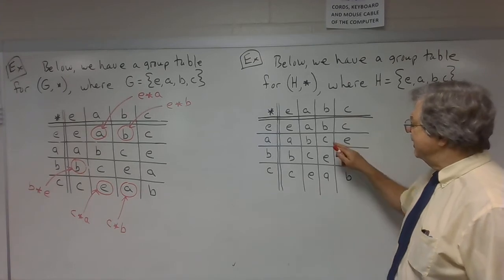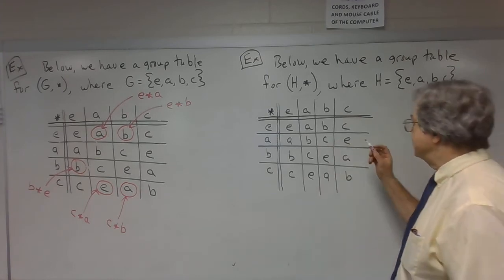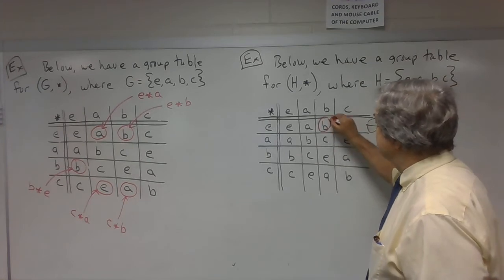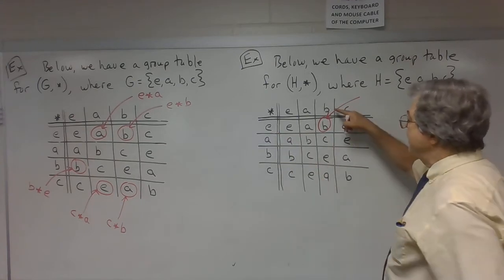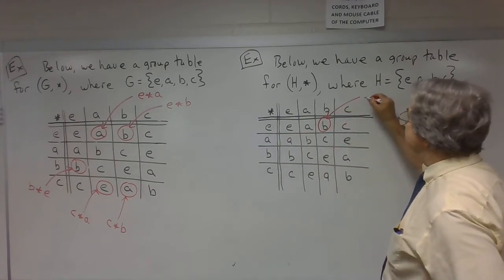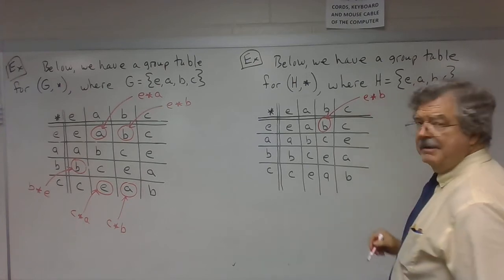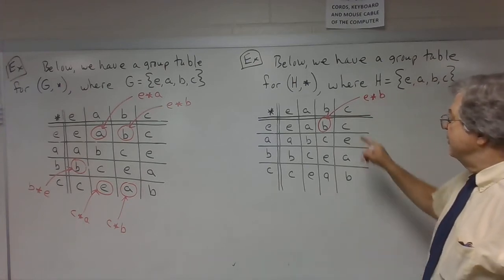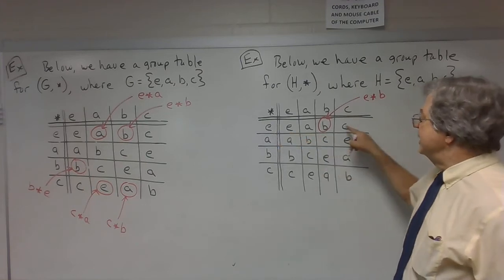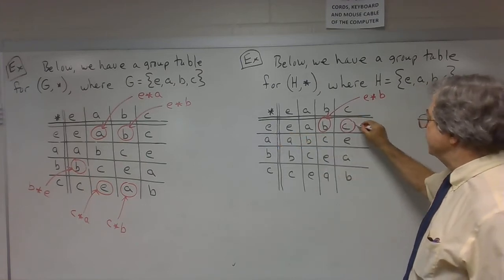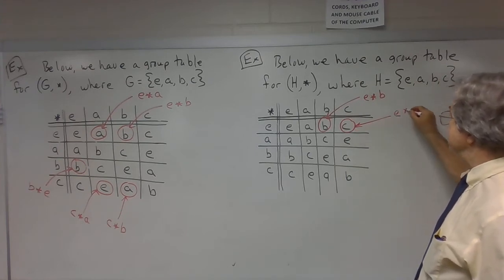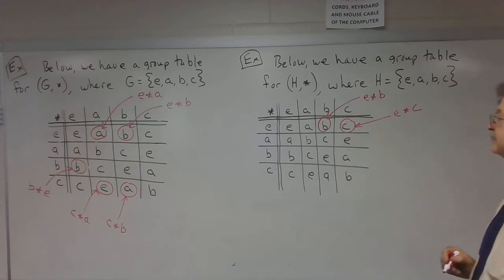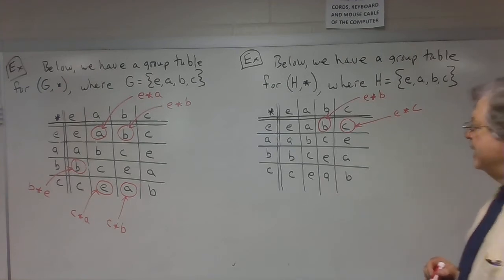Let's just identify where some of these elements come from. This is in the row headed by E and the column headed by B, so this is E star B. This element is in the row headed by E, the column headed by C. So this element is the element that's assigned to E star C. Now let's see.